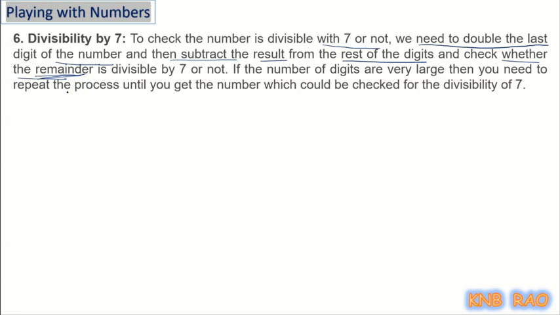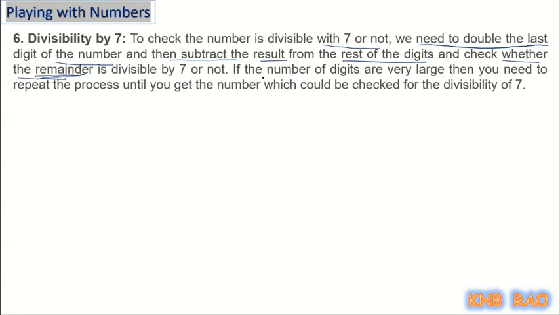Whatever the difference comes after subtracting double of the last digit from the rest of the digits, we will see whether that difference is divisible or not. If it is not divisible, we say that the whole number is not divisible by 7.